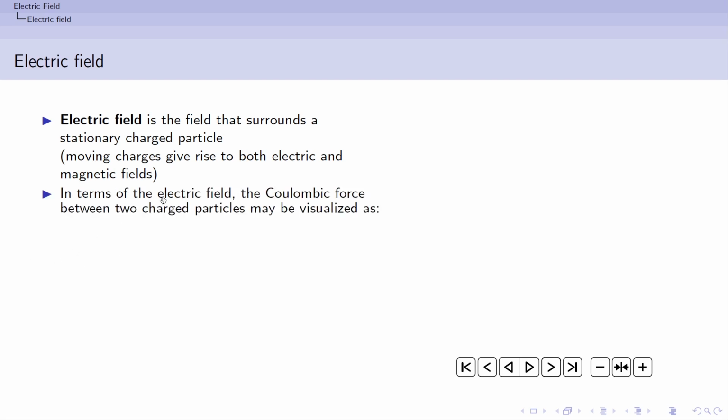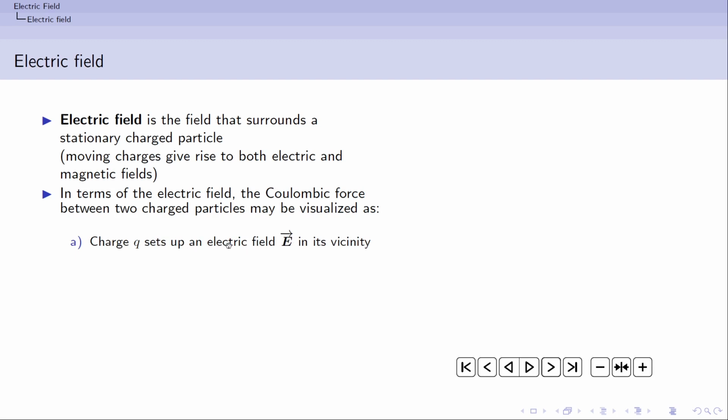So in terms of the electric field, the Coulombic force between two charges may be visualized in the following manner. Let's say I have a charge Q. This charge Q sets up an electric field in its vicinity. It's similar to the gravitational field that we have discussed some time back.